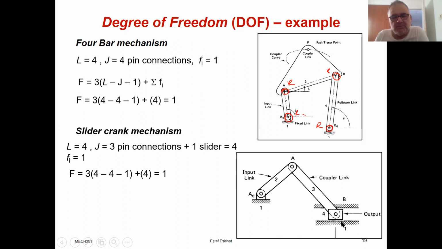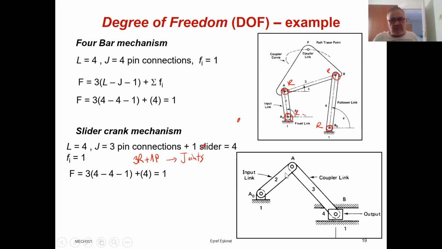So you have 3R plus 1P as our joints. In which case, it is the same equation with the exact same parameters.